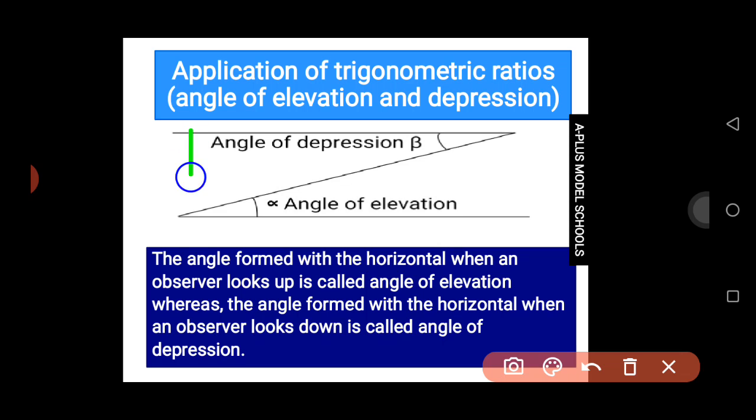Assuming you are standing here, this will be your sight, that is, you are looking straight. So once you raise your head up and look at the sun, then this angle is called the angle of elevation. And that's why you see the angle formed with the horizontal.